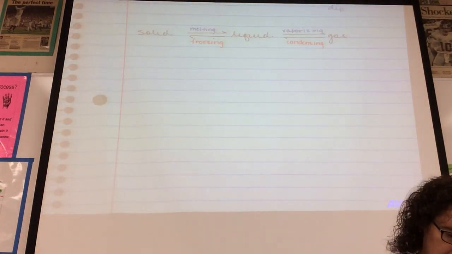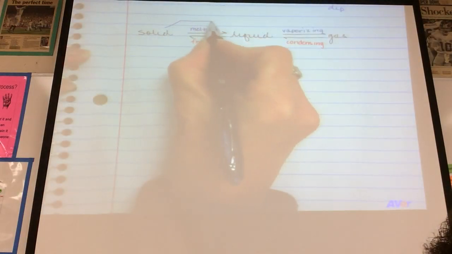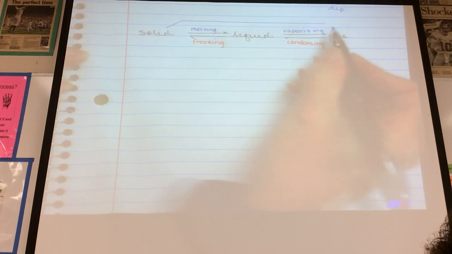If you go directly from solid to gas, that's sublimation or subliming.